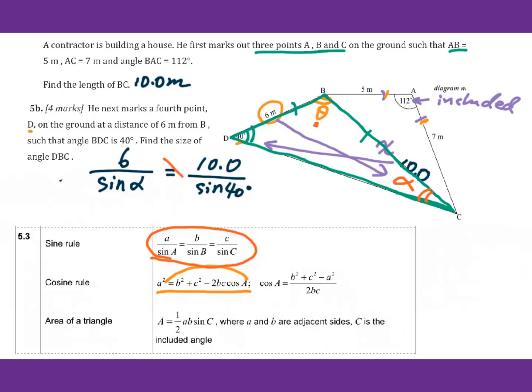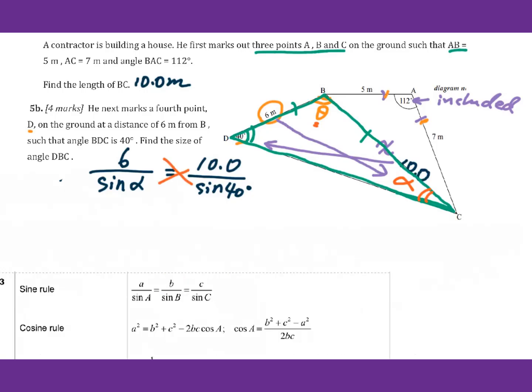Then you do cross multiply. Same thing goes to the denominator, so sine alpha equals 6 times sine 40 degrees over 10.0. Then you do inverse sine to get this alpha. You will get this.